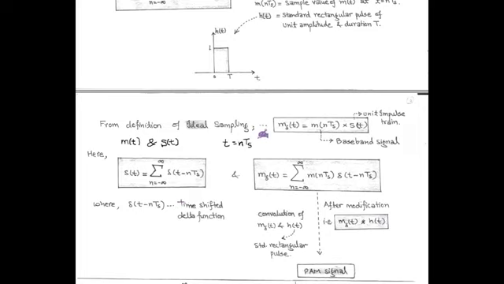And after sampling at t equals nTs, we get m delta(t), which is simply the multiplication of m(nTs) and s(t). In place of s(t), we can write summation delta(t minus nTs) with limit n equals minus infinity to infinity. So the sampled version of the message signal, that is m delta(t), is equal to summation m(nTs) times delta(t minus nTs) with limit n equals minus infinity to infinity.